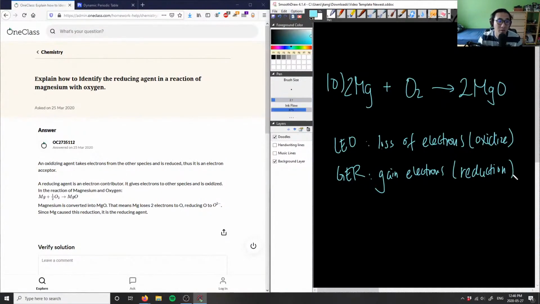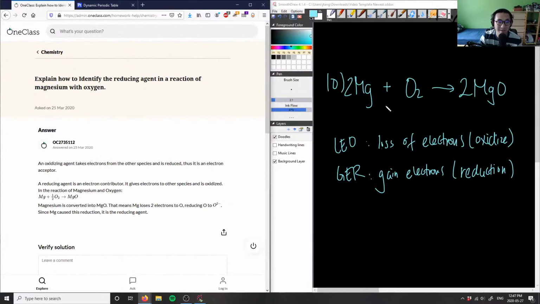I can think of the reducing agent as an electron contributor. The oxidized species loses electrons, and the reduced species is the electron acceptor. An oxidizing agent takes electrons, and the other species is reduced, therefore it's an electron acceptor. A reducing agent is an electron contributor, so it gives electrons to the other species and is oxidized.